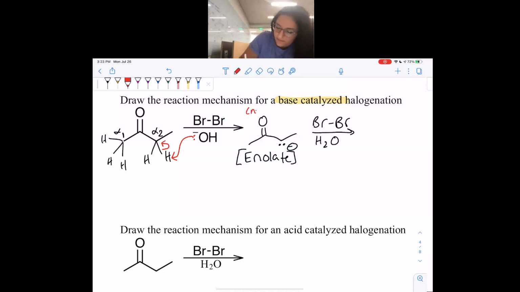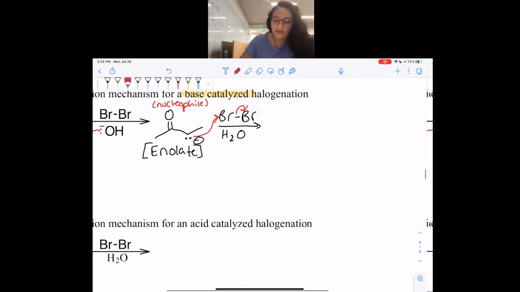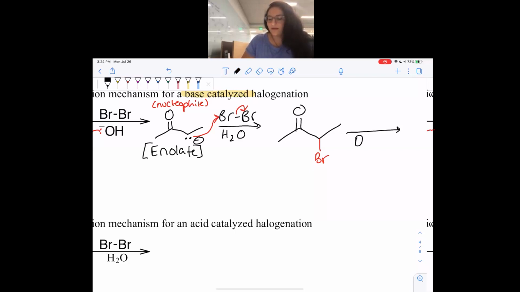So this negative charge is going to come in here, attack the bromine, kick that off, and we get, bam. Oh, sorry about that. Bam. And yes, we're left off with a Br minus. Again, we're doing the short version, so we end up with OH minus again and HBr.